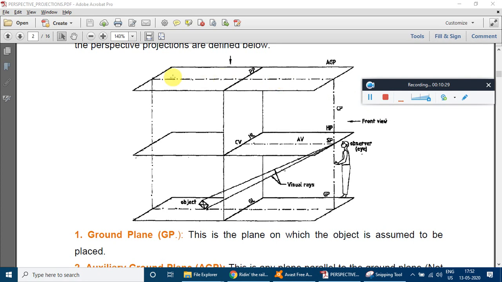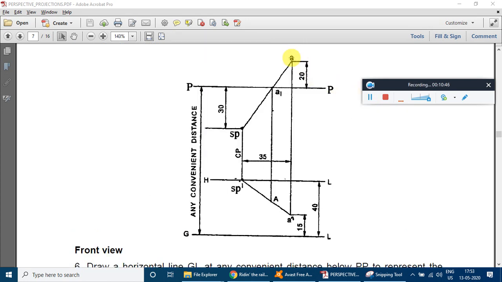This is the observer, you can think from this side. This is the left hand of the observer. So from the CP, the station point is on the left side. In the central plane only, we have the points A and A dash. Just to the left of that, at 35 mm distance, you have the central plane.